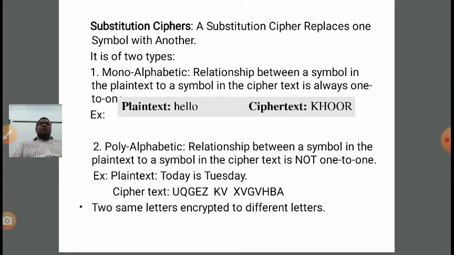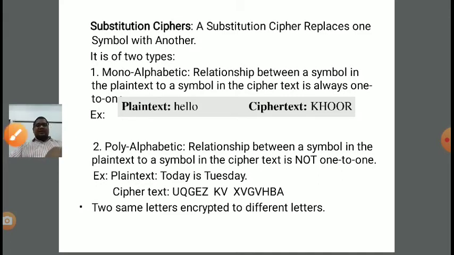Suppose an alphabet A occurs and A comes again; then the first A can be replaced by X and the second A in the plain text may be replaced in the ciphertext with Y. So it is not maintaining a one-to-one relationship. One to many means one alphabet from plain text is replaced in the ciphertext with more than one alphabet, so it is a polyalphabetic type of cipher.